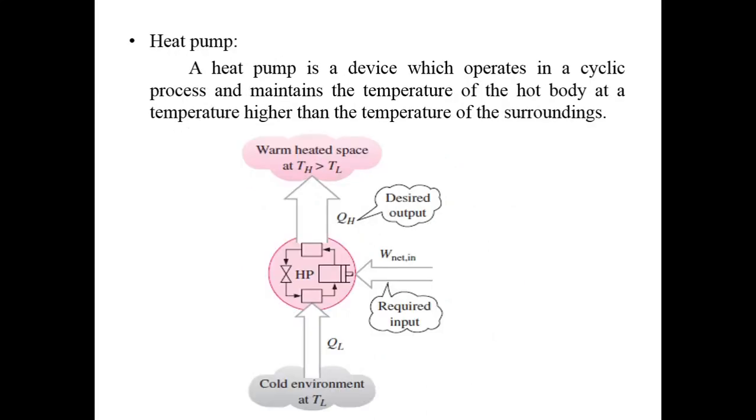Heat pump. The concepts of the heat pump and the refrigerator are the same, but the refrigerator maintains the temperature below the atmosphere, or below the surroundings. A heat pump maintains the temperature of the hot body higher than its surroundings.